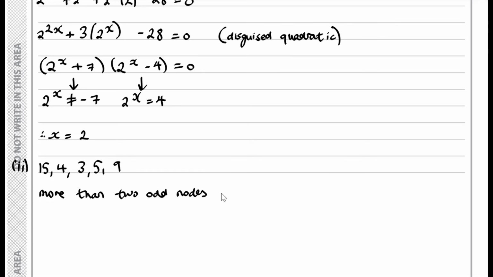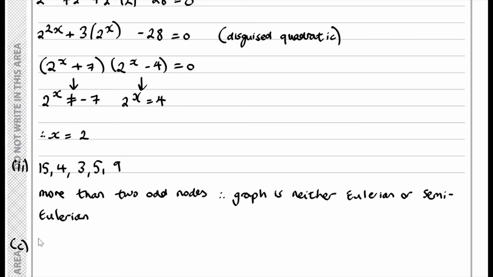And because of that, we can conclude that the graph is neither Eulerian or semi-Eulerian. Let's just write that down. The graph is neither Eulerian or semi-Eulerian.